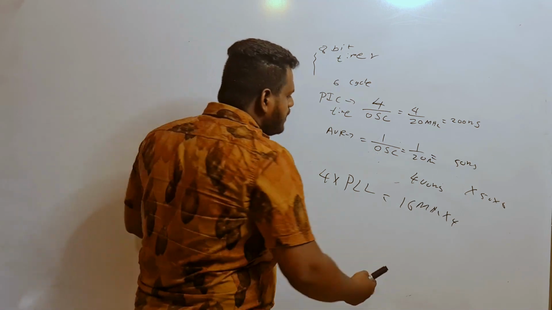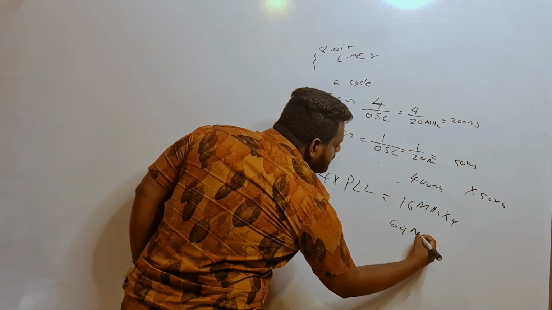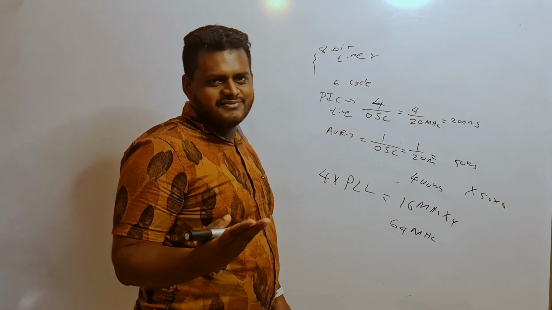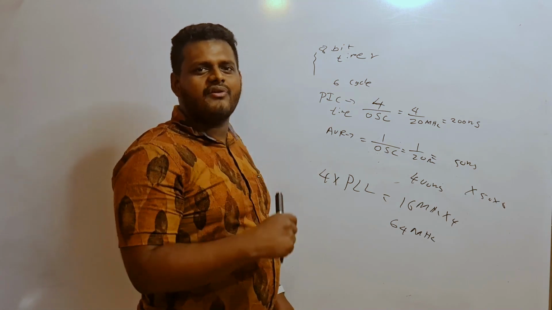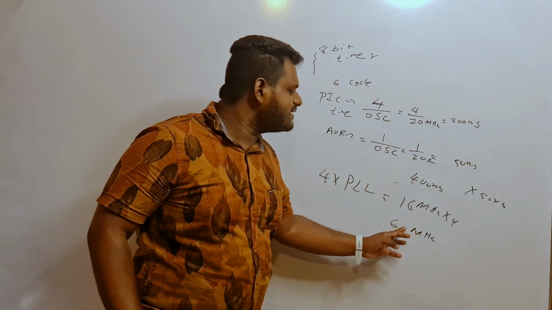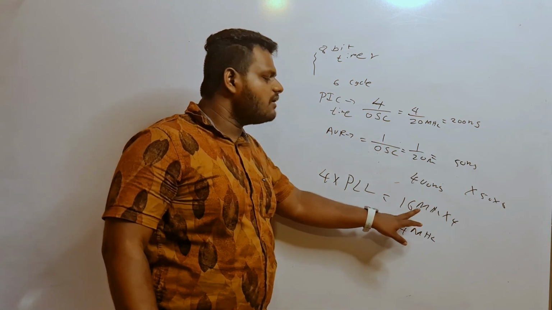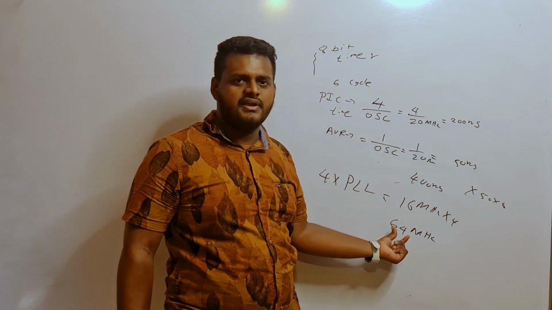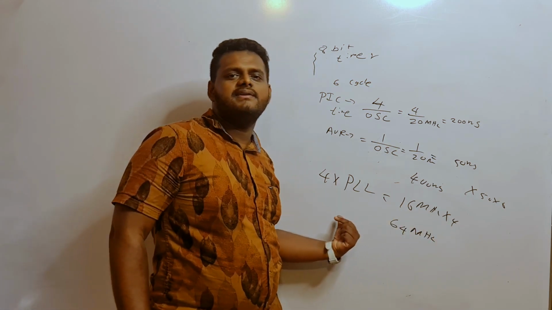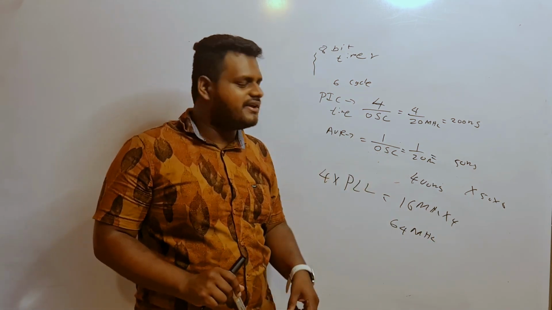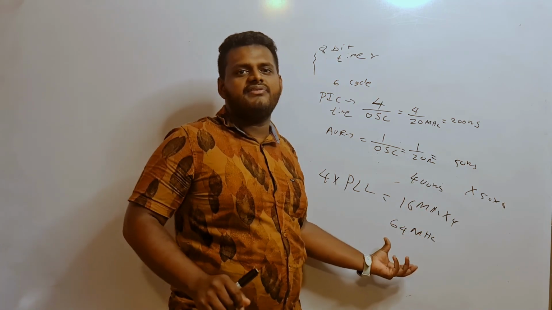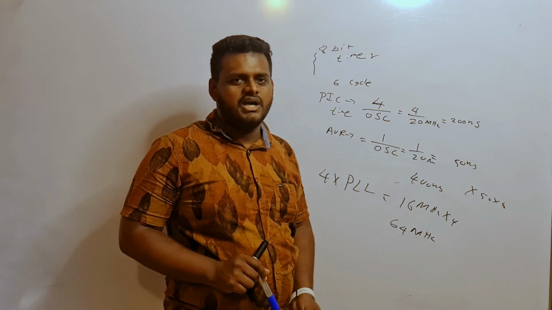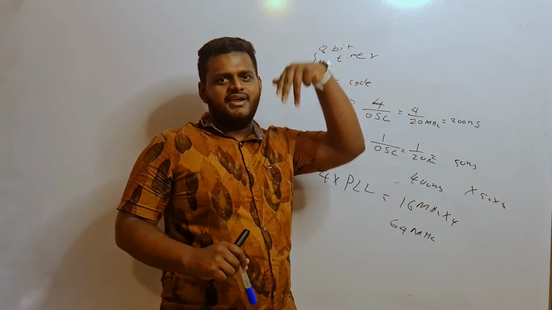So up to 64 megahertz, a very high frequency, can be achieved on one microcontroller without having a 64 megahertz crystal. In Arduino, there is a 16 megahertz crystal, they use the 4 times PLL, apply that code logic, and it automatically increases the speed of the microcontroller. That's how AVR is very fast.